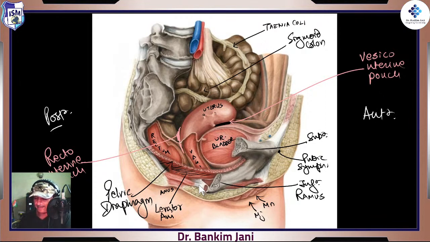Uterus is uterus. Vesico is the urinary bladder, so vesico-uterine pouch. Similarly, over here, the recto-uterine pouch is between the rectum and the uterus.